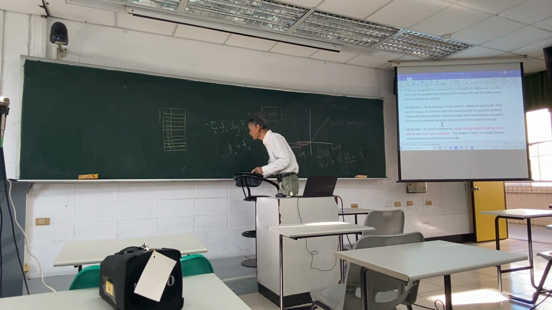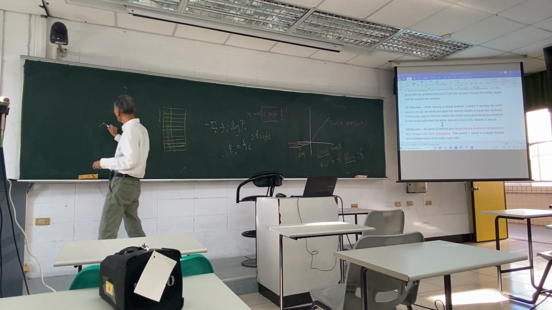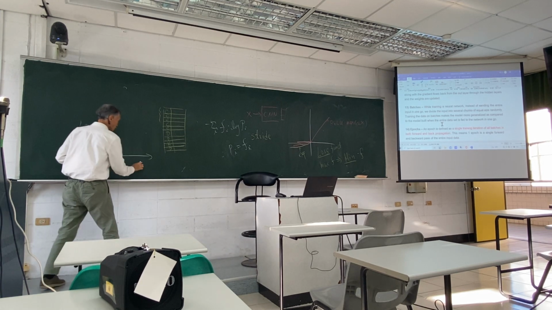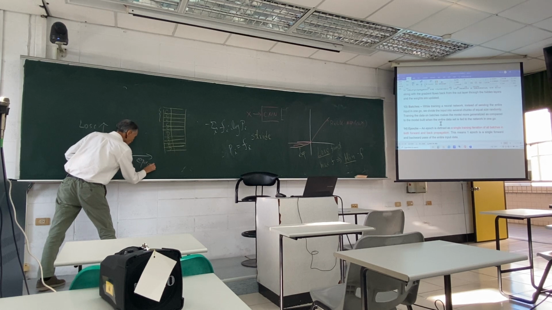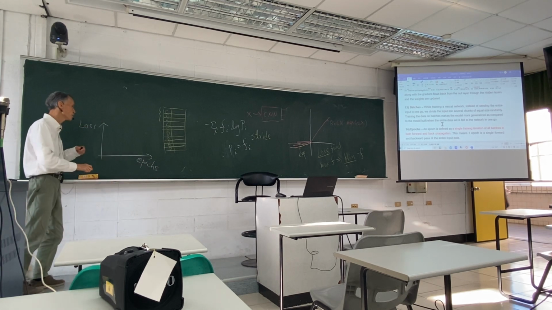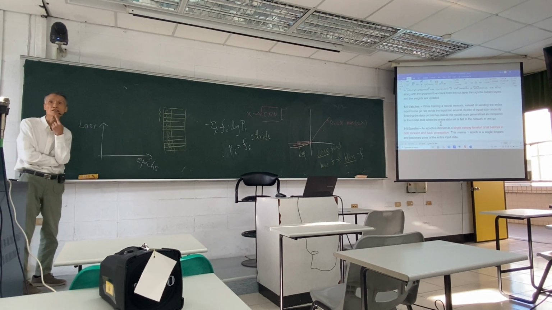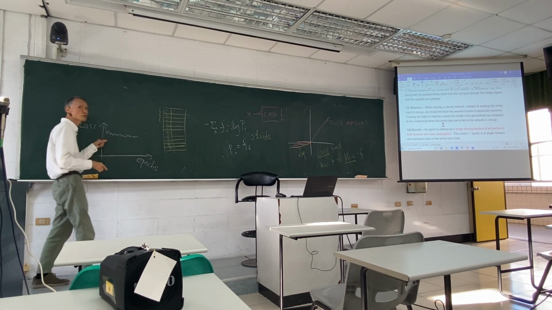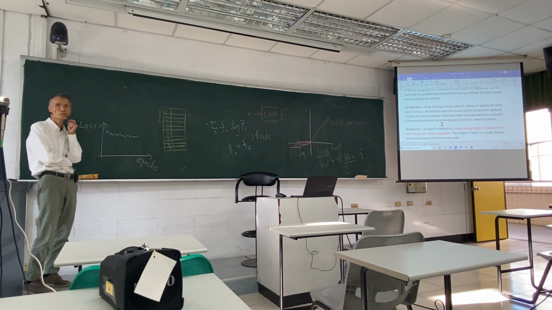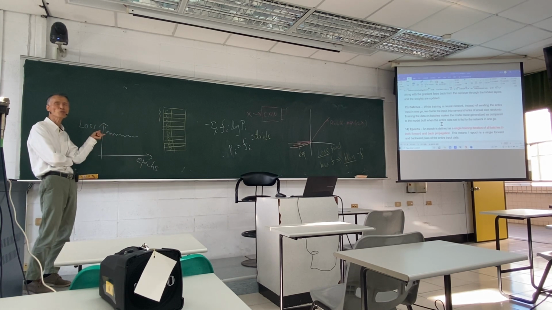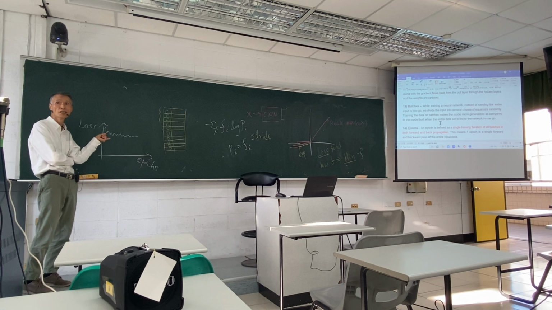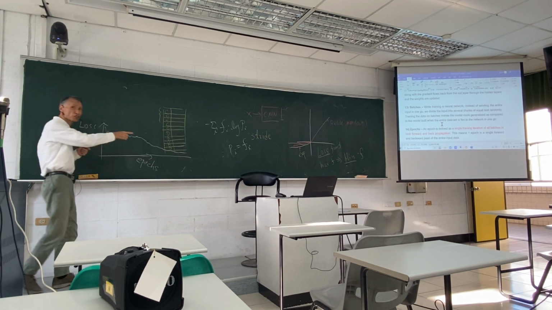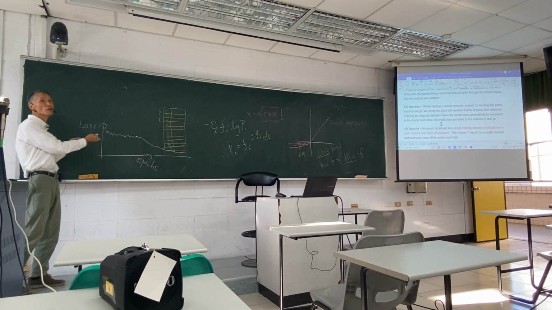Always print out the loss function value as a function of epoch. And if you see something wrong, or you might have to change the learning rate, to make sure it will eventually converge. Always print out something like this.